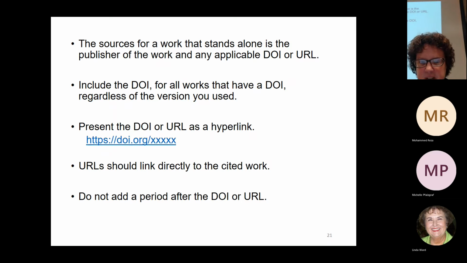Now I'm going to talk about the second one here. What if I'm using a paper version of it? You know, like I have an example of it without the DOI. It could be that the book wasn't published when there was an electronic version, or the article.